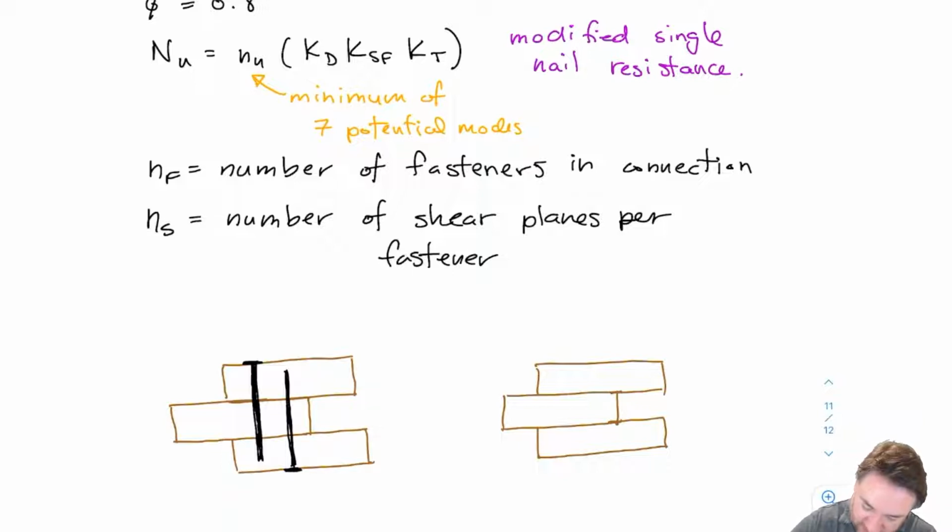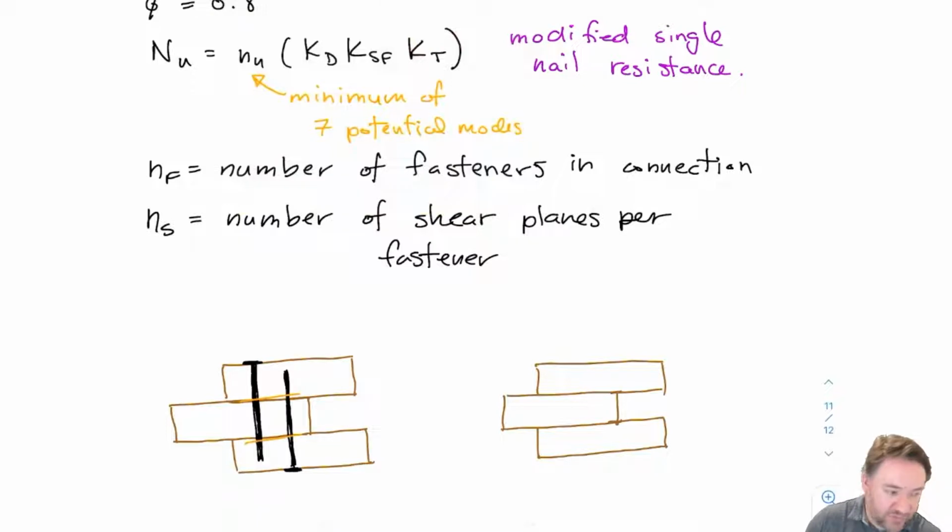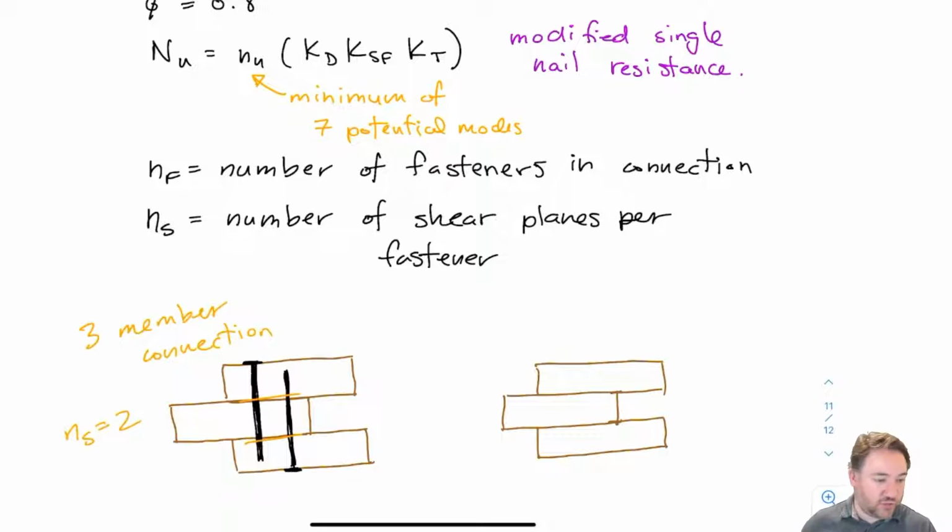But each of those nails intersects 2 shear planes, by definition for a 3-member connection. So this one is a 3-member connection, and all 3-member connections will have NS equals 2, number of shear planes equals 2. All the Johansen yield equations for those 3-member connections assume that NS is going to be 2.